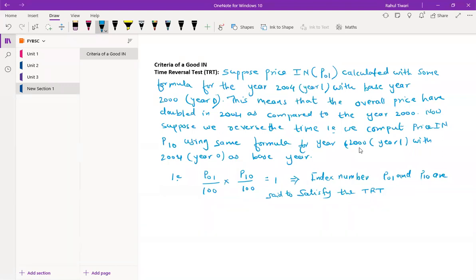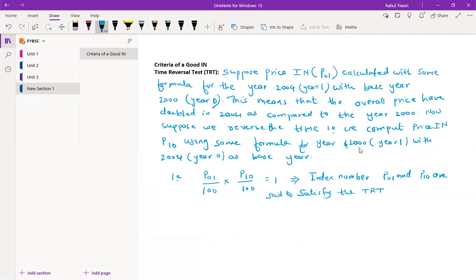What is the condition? You calculate your price index number with current price 1 and base price 0. Similarly, when you interchange the prices, it becomes P10 over 100. If you multiply these two quantities and your answer comes to 1, then it satisfies TRT, which means it satisfies the time reversal test.